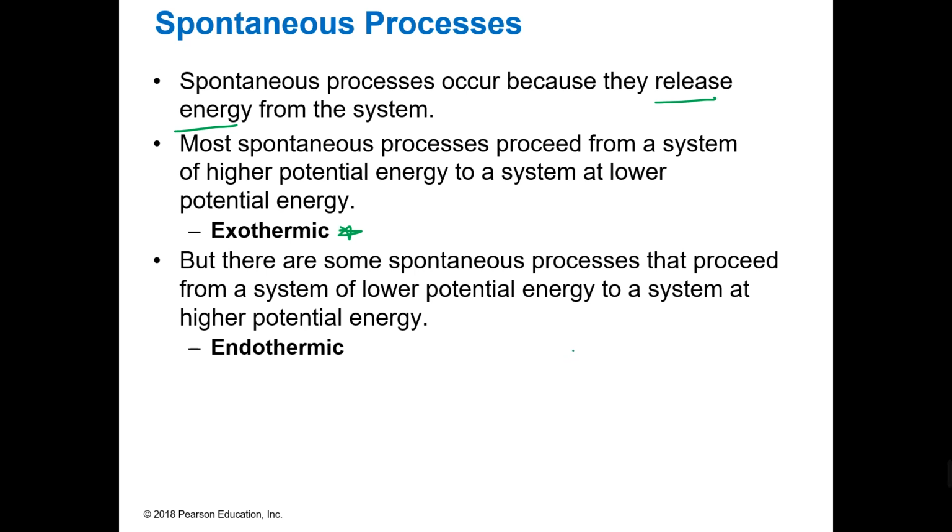Going from a lower potential energy to a higher potential energy, those are our endothermic. Just because something is going from lower to higher potential energy does not mean it cannot be spontaneous. It just means it's more difficult to achieve, and more energy is needed for that to happen.